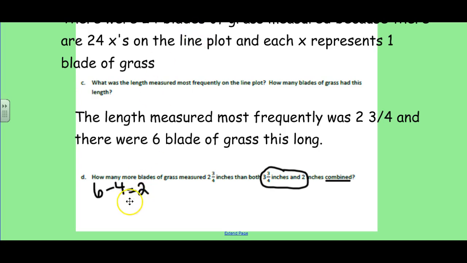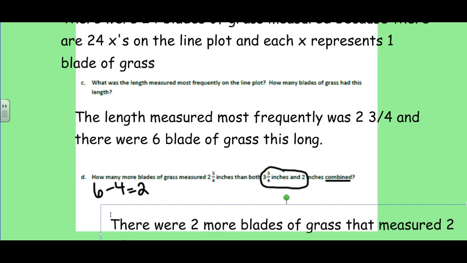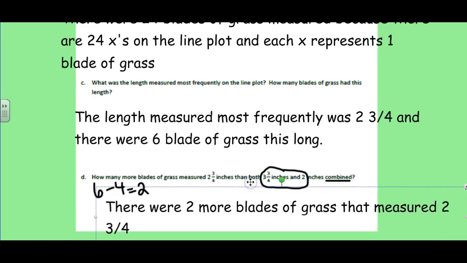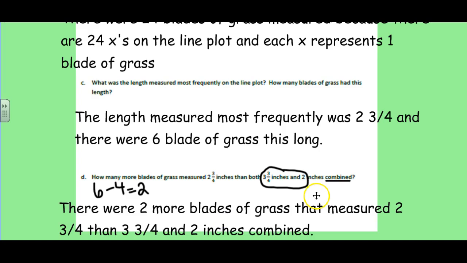So to answer the question, there were 2 more blades of grass that measured 2 3/4 than 3 3/4 and 2 inches combined. So double check your answers with mine, change anything, or if you need to push pause and get some of this written down, go ahead and do that.